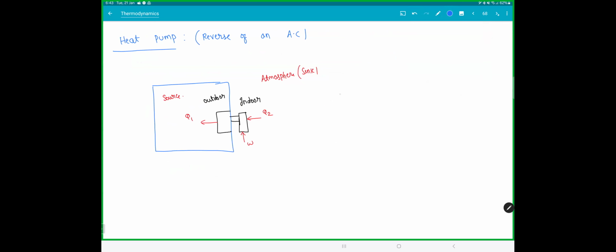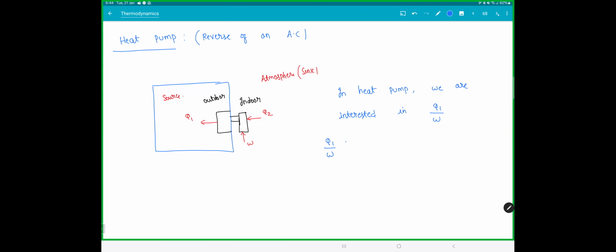Right. So in the heat pump, this is just a concept. We don't have it as such in the portion, but advanced students can frame passages or something like that. So just have an idea. In a heat pump, we are interested in Q1 by W. How much heat are you giving from the outdoor unit per unit work?